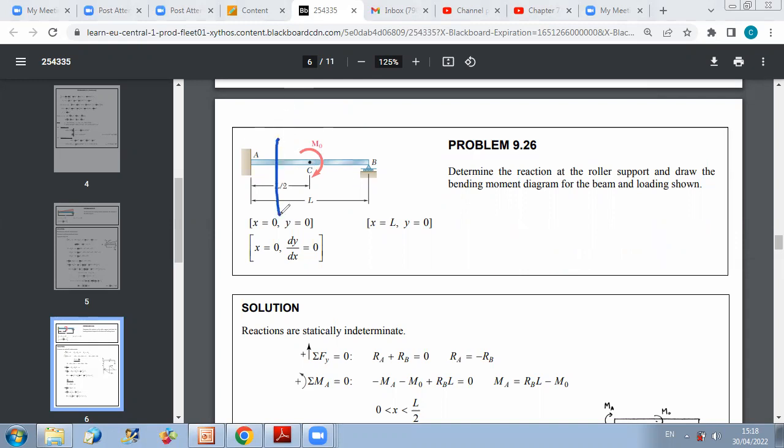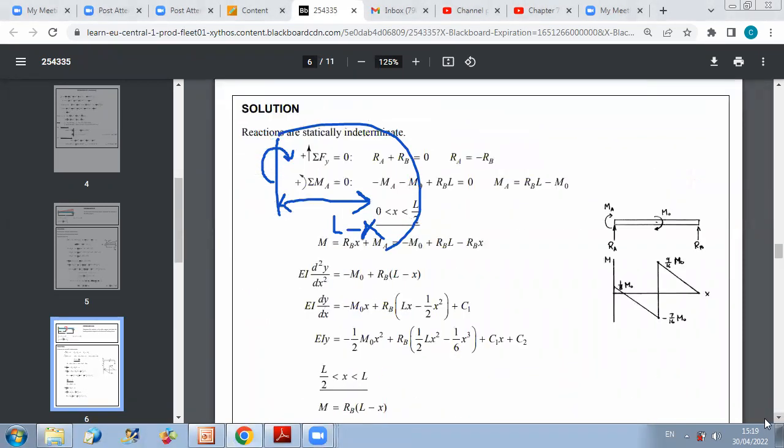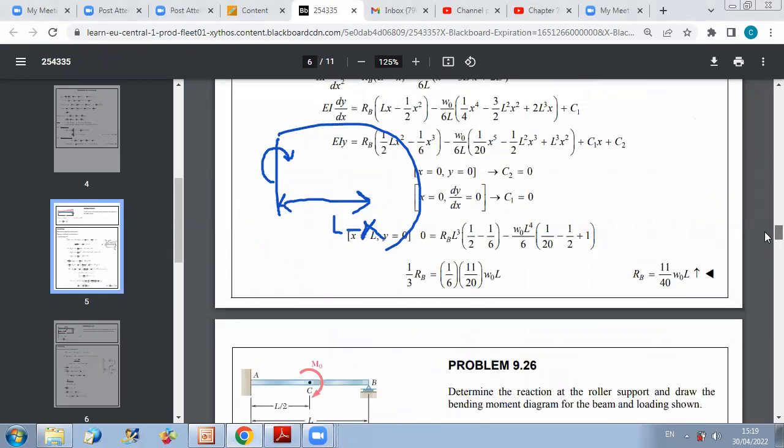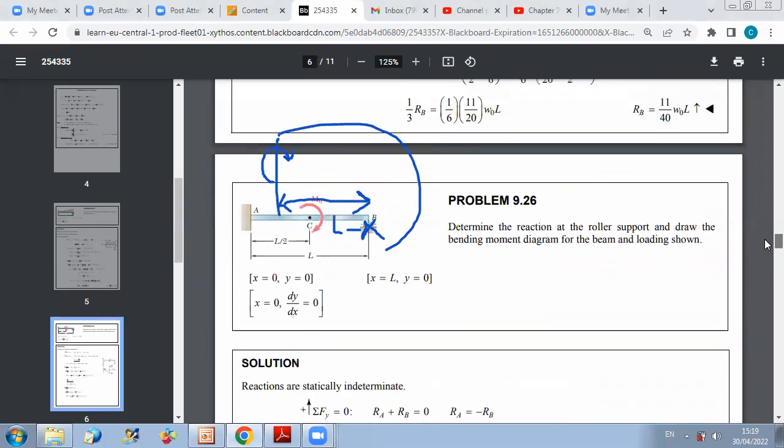If we do a section here, this distance is L minus X. And because we have the cut and we keep this part, then the bending moment to consider is like this. To solve for this bending moment, we do sum of moments about here.